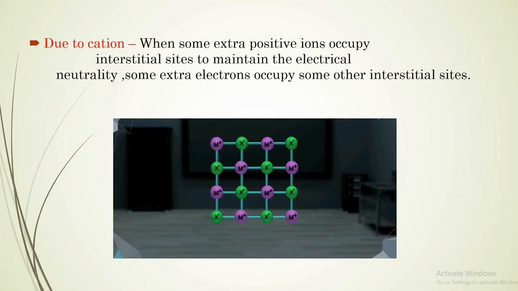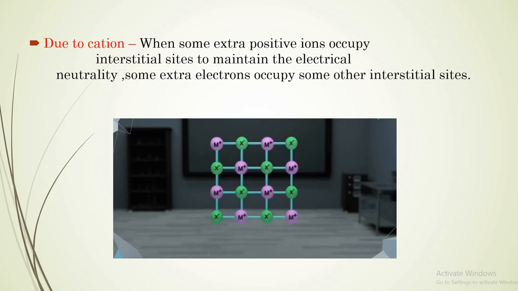Let us see excess cations occupying interstitial sites. When some extra positive ions occupy interstitial sites to maintain the electrical neutrality, some extra electrons occupy some other interstitial sites, resulting in a defect. Let us understand it by this video.